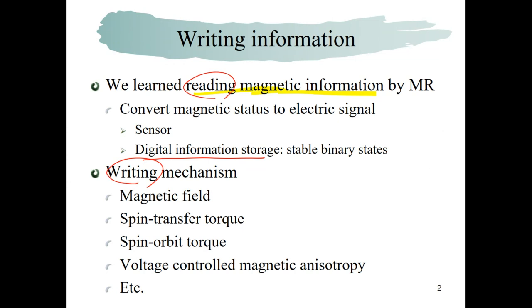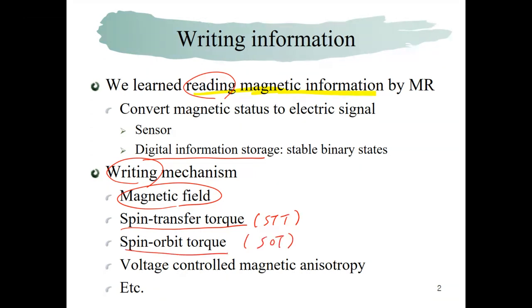In magnetic devices, the most simple and widely used technique is the magnetic field. We already learned about that. With an applied magnetic field, we learned how the magnetization switching occurred. And I already mentioned several times the spin transfer torque, in other words, STT or SOT.